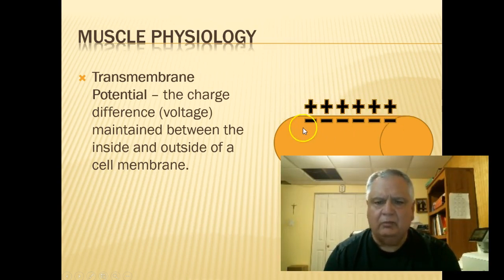On the inside of the membrane, this negative charge is due to the presence of proteins, which have a net negative charge along their backbone at somewhere around neutral pH, which the pH of the inside of the cell is close to, and also the presence of negatively charged ions. So this is transmembrane potential.